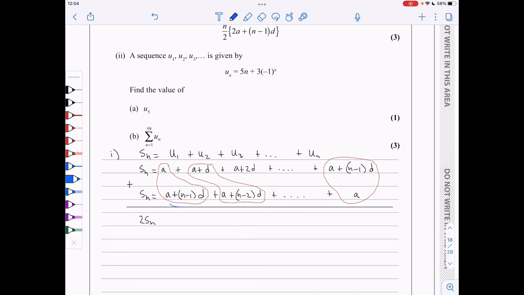Because we've got n pairs added up here. Each pair is giving me a total of 2a plus (n minus 1)d, and I've got n such pairs. So it's going to be n brackets 2a plus (n minus 1)d. So Sn is n over 2, open brackets, 2a plus (n minus 1)d, close brackets, as required.